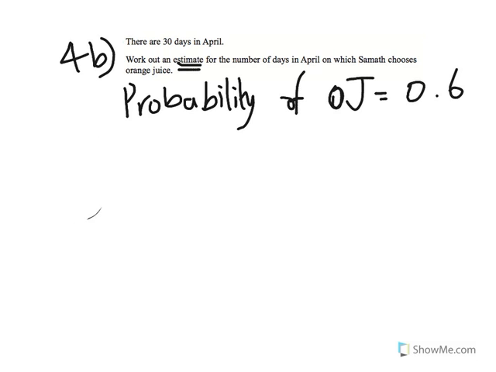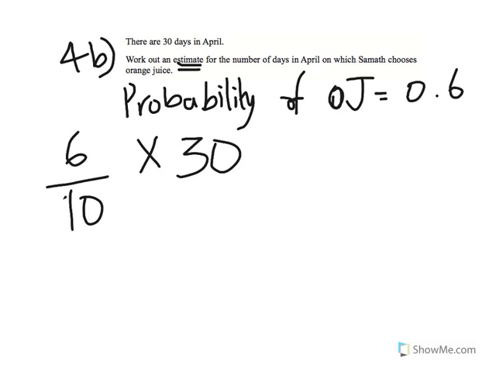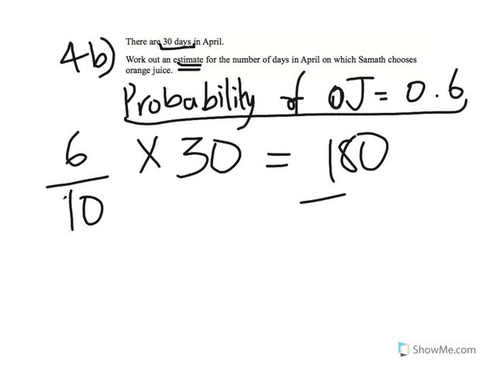So to find out how much orange juice he'll pick in 30 days, all we have to do is multiply this fraction by 30. So we just take the probability and we multiply it by the number of days, 30. Alright, and then we'll get our answer. So if you just solve this, it actually becomes 180 divided by 10, and that just becomes 18. So out of the 30 days in April, 18 days he'll pick orange juice.